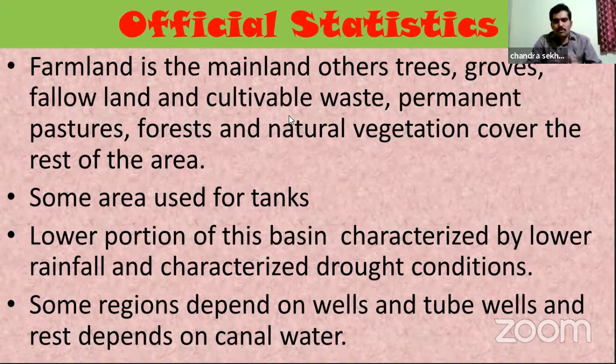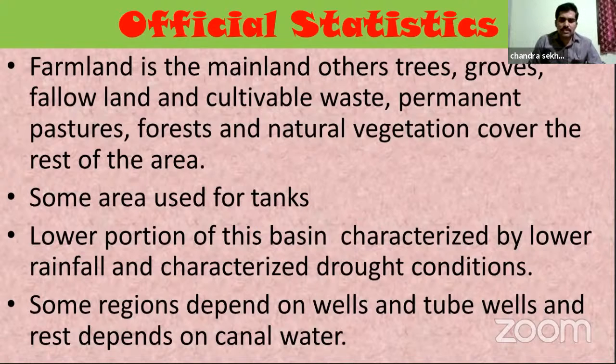So in the Tungabhadra river basin, the maximum land is under cultivation. Some area is used for tanks, for the construction of small tanks in villages to store water in the rainy season.